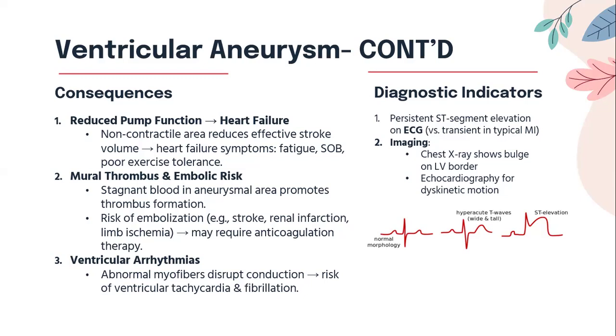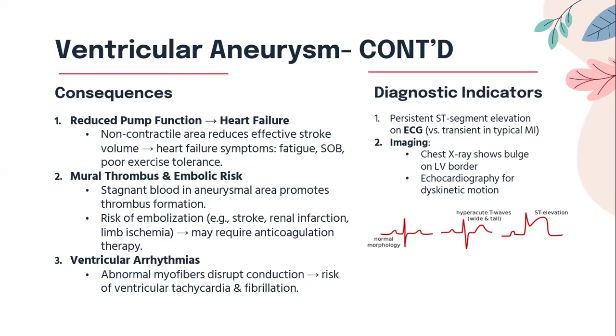Second point, mural thrombus formation and embolic risk. The aneurysmal area often has stagnant blood flow, which promotes the formation of a mural thrombus, a clot attached to the heart wall.